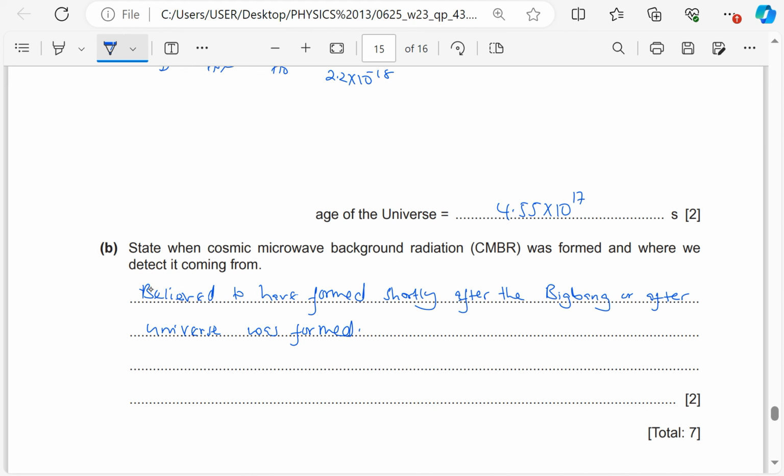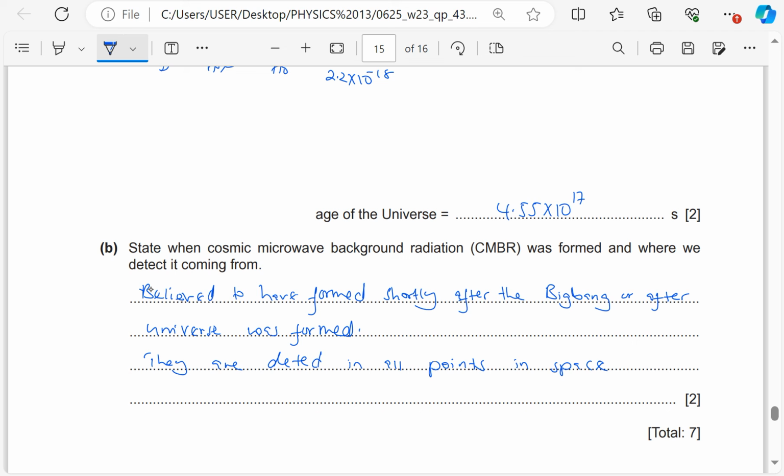And of course, they are detected in all points in space. They are detected everywhere. These are the microwave background radiations. So they are detected everywhere in space.